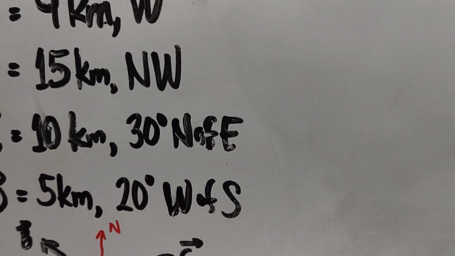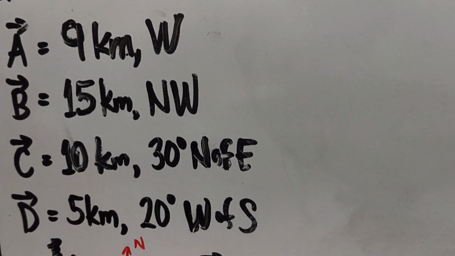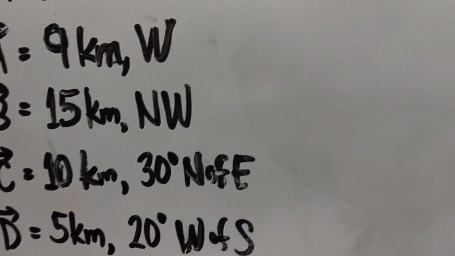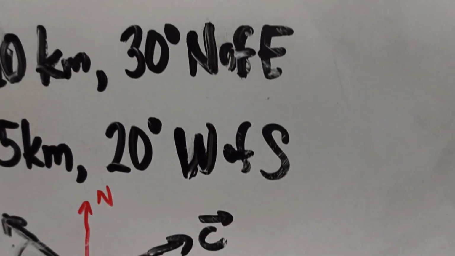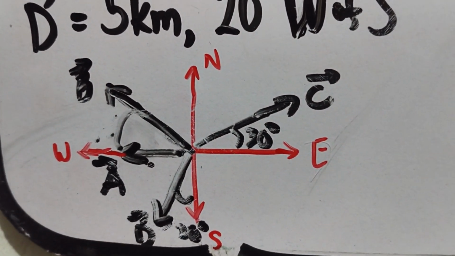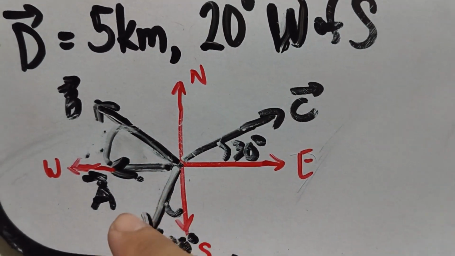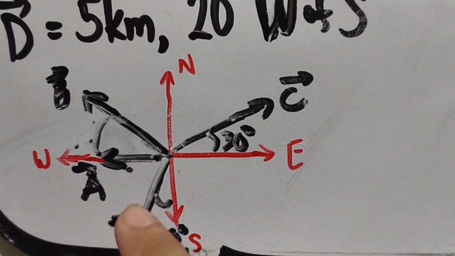Okay, so paano ba natin ita-translate itong bawat isang vector sa IJK notation? If we look at the visualization, itong graph sa Cartesian plane, makita natin na si vector A ay along x lang. Wala siyang y component.